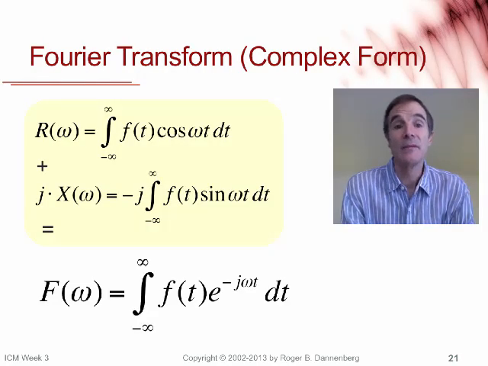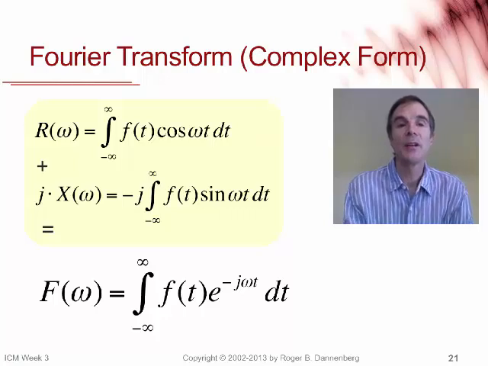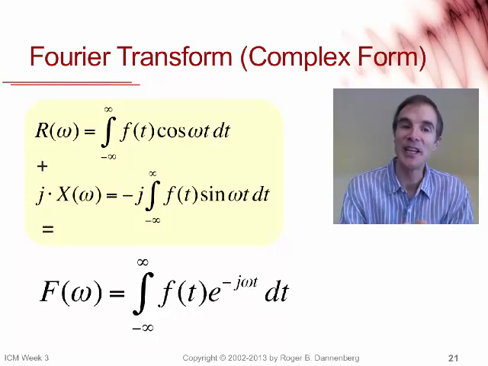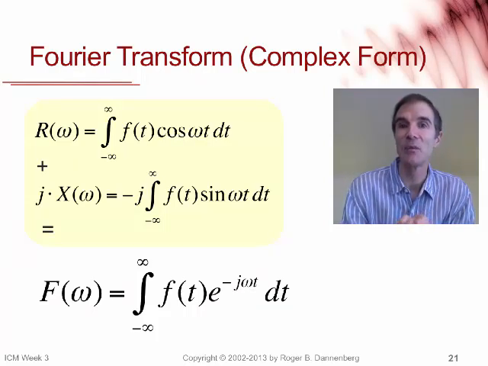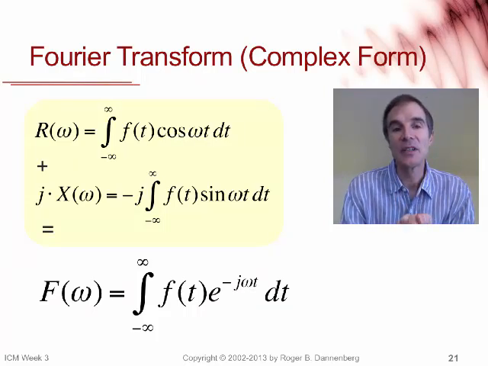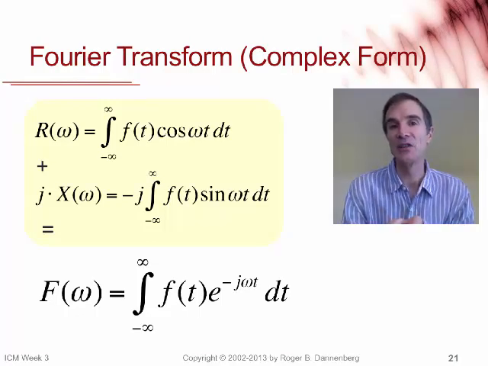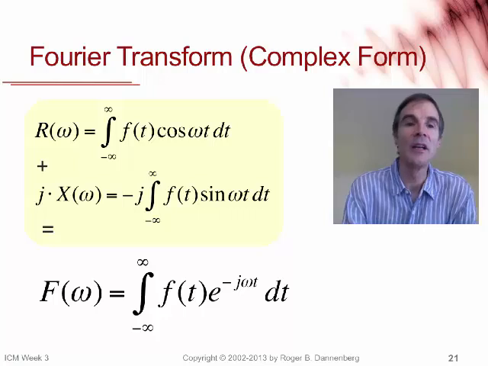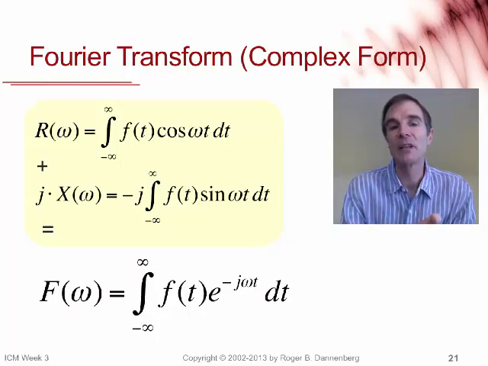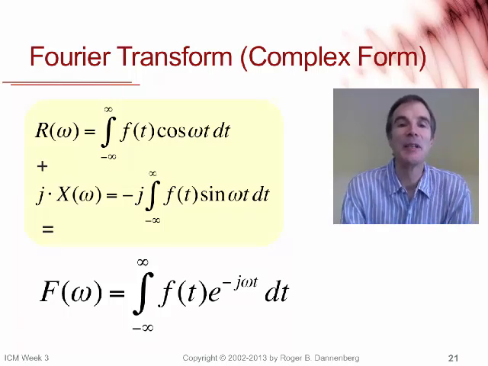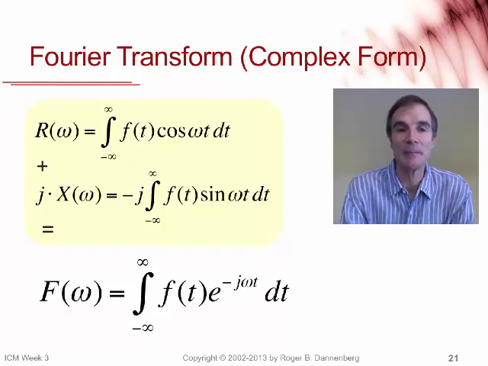Again, let me remind you, j here is the square root of -1. Electrical engineers like to use j. You probably were taught to use i in school as the square root of -1. The reason electrical engineers use j is because i means current. It's already taken. But it's the same thing.